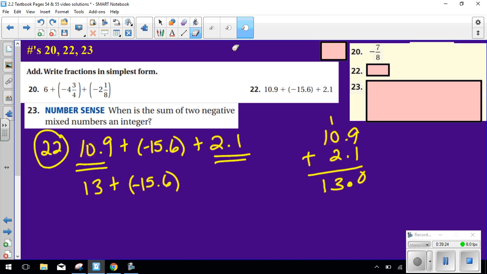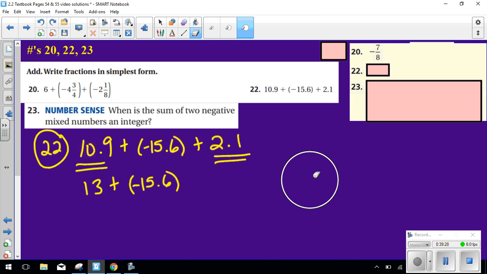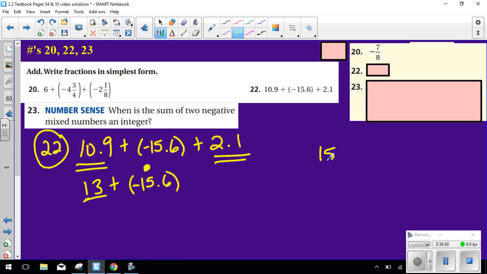So I don't want you erasing, but I'm going to make some room here. So please don't erase your work. So when your signs are different, I'm going to subtract the bigger absolute value minus the smaller. Okay, so 15.6 minus 13.0. 6 minus 0 is 6.